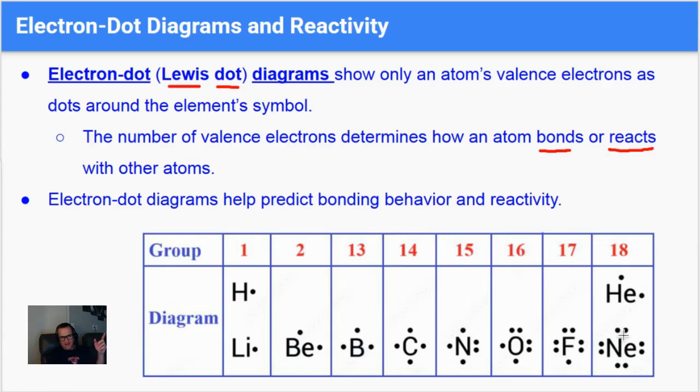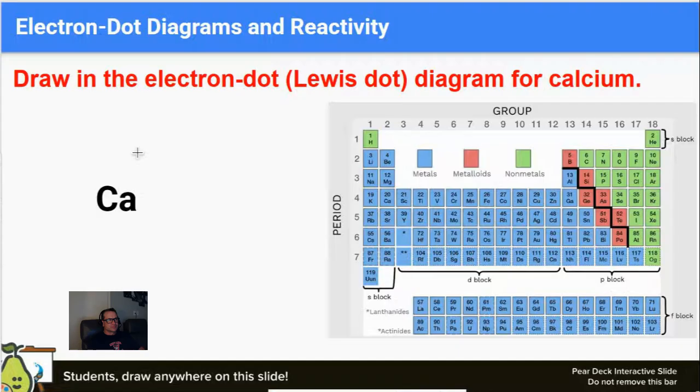And you see neon here, it's got a full outer shell of one, two, three, four, five, six, seven, eight. So the noble gases: helium holds two because the first shell only holds two, but then the next shell holds eight. So neon and argon and the rest of the noble gases will be totally full with eight. You can see fluorine here with seven.